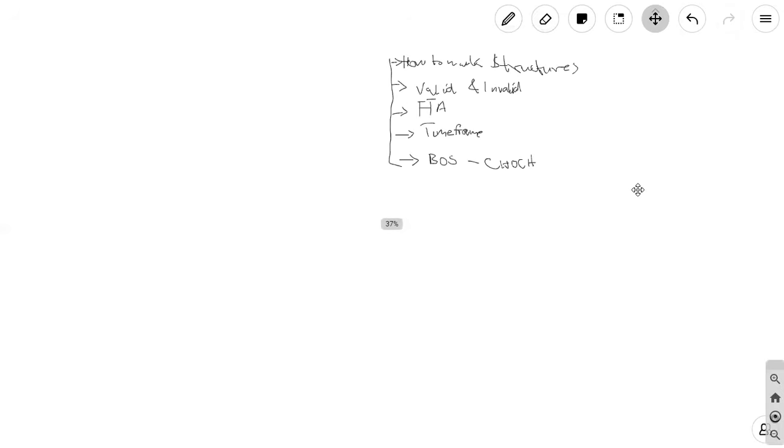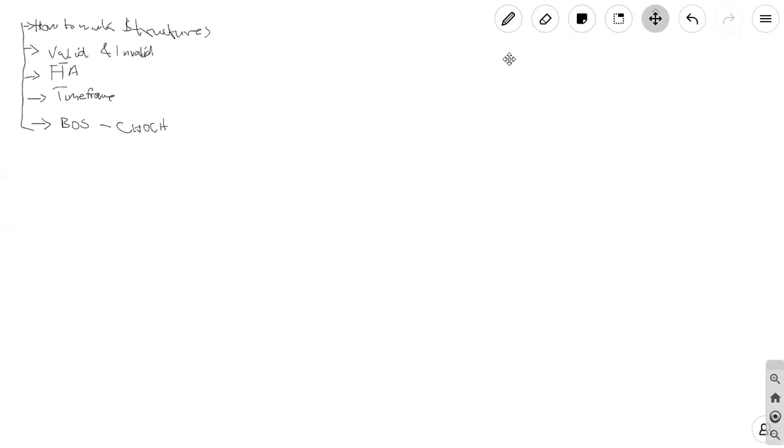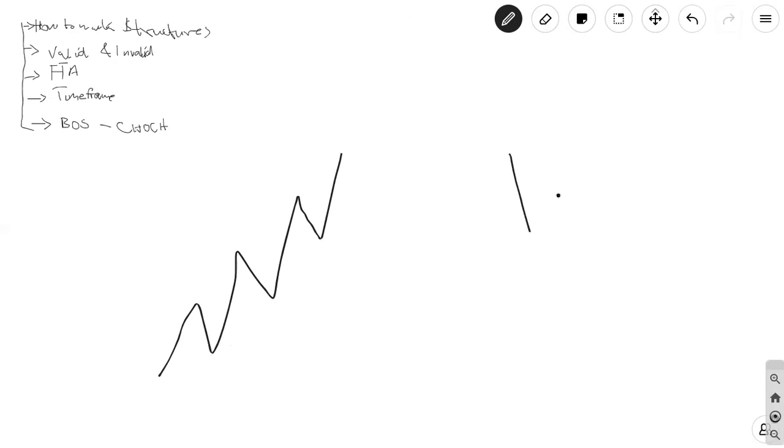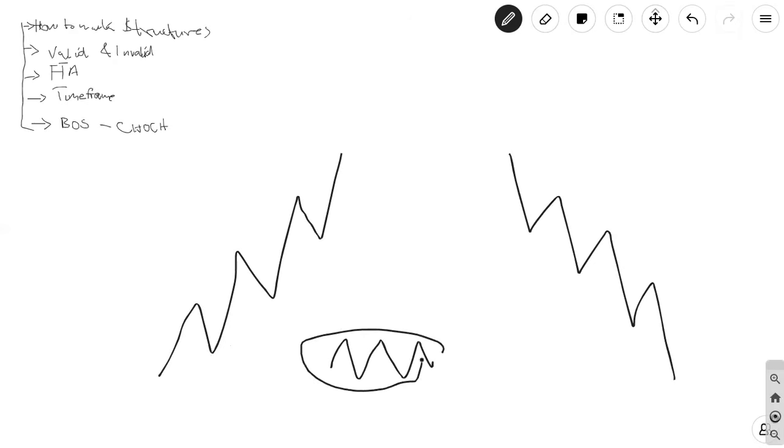Now first of all, we learned about the market movement in the first episode, whereby we have a bullish market structure and a bearish market structure, and sometimes we get a consolidation like this, but we're going to consider these two movements here.